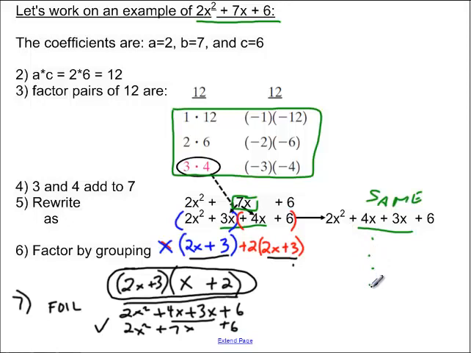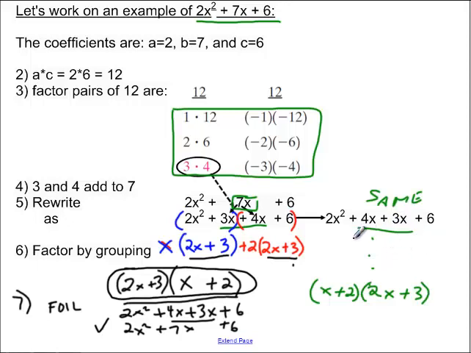What we'll do down here is we'll get to a factorization like x plus 2 times 2x plus 3. Don't believe me? Do it yourself. Take my word for it, it will work out. We'll do some more examples.